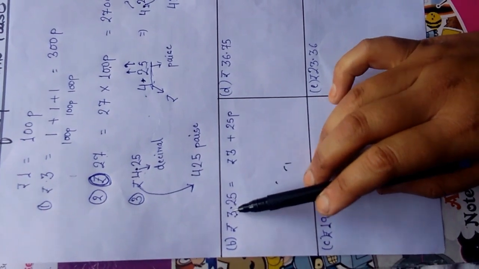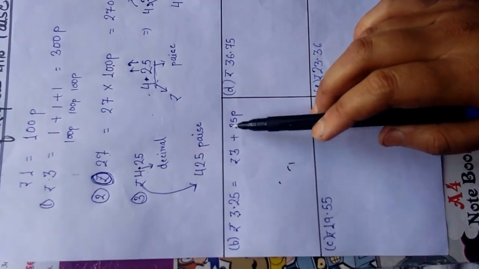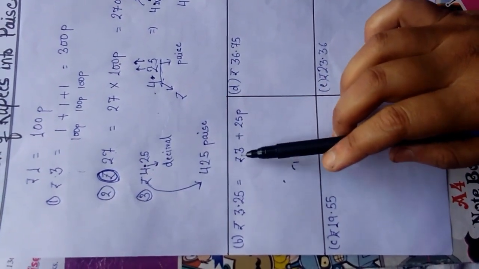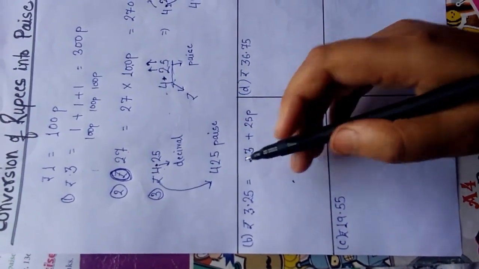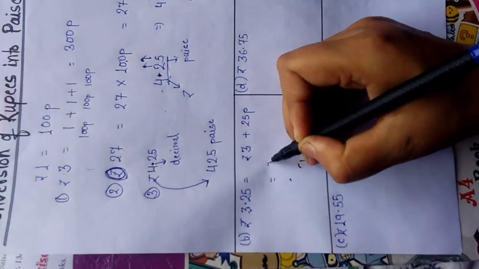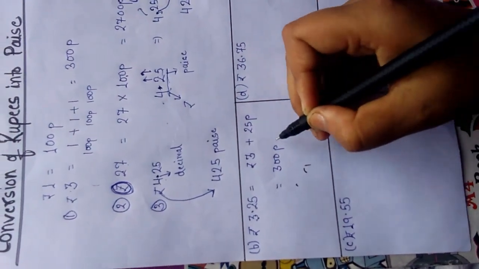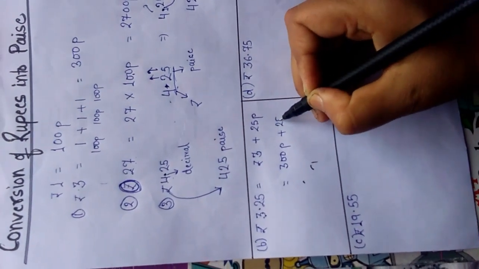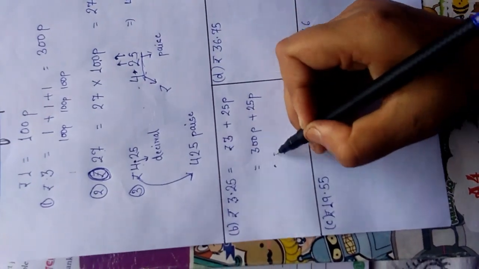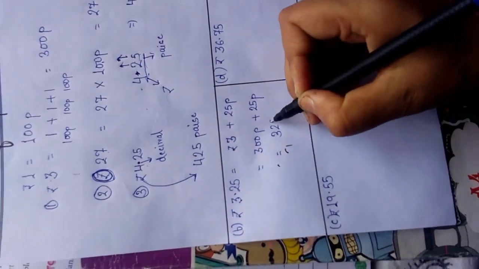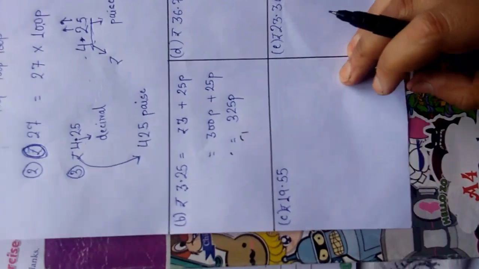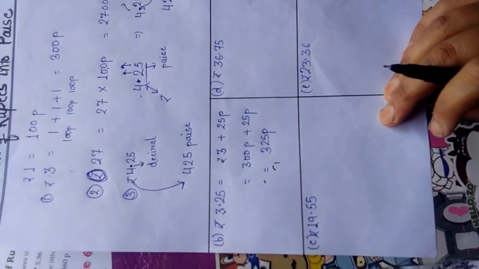Here is 3 rupees plus 25 paise, and dear students, we know that in 3 rupees there are 300 paise, and plus 25 paise, there will be 325 paise. Understand, students?